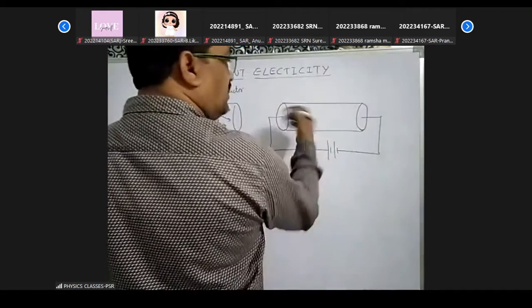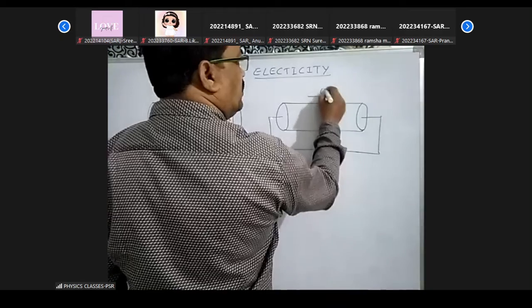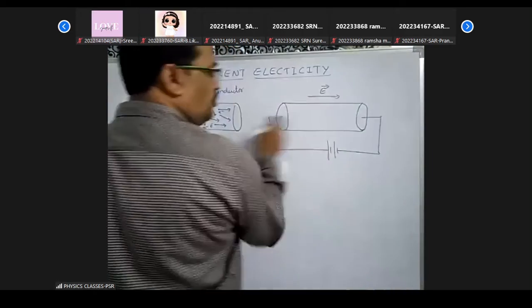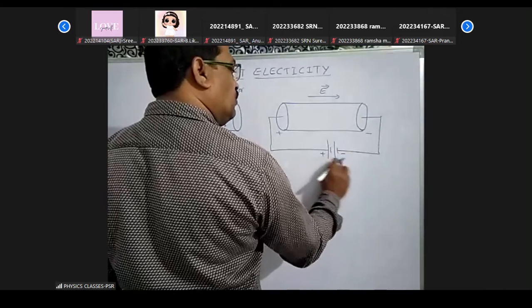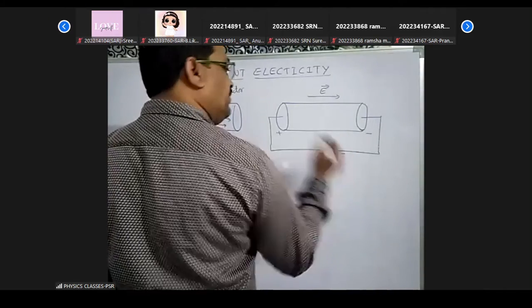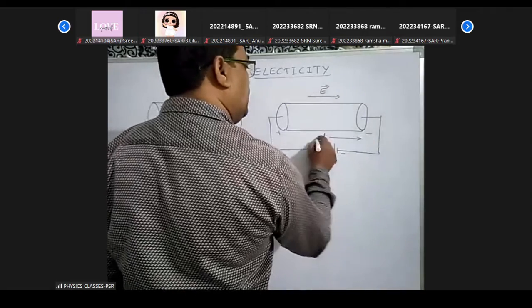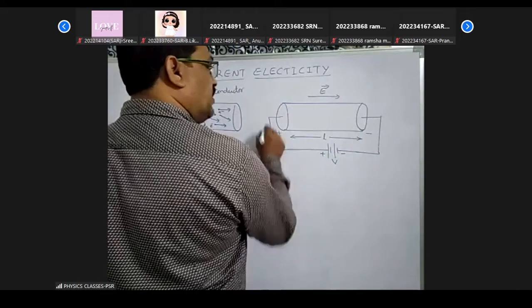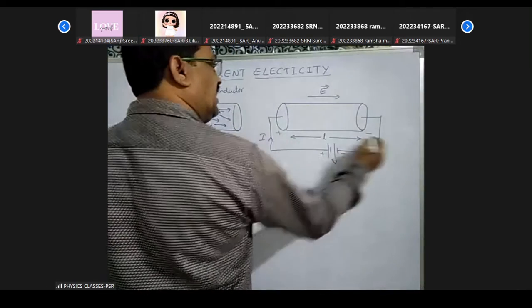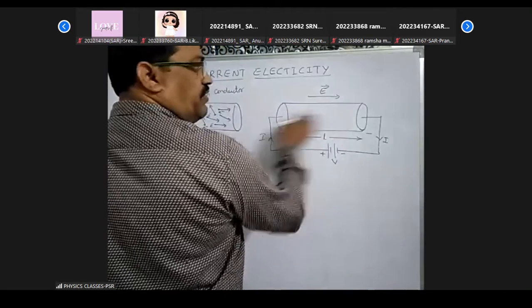Then an electric field E is produced from the positive end to the negative end. This is positive, this is negative. Here the potential applied is V. Let the length of the conductor be L, from here to here. Then current I flows from left to right in the conductor.